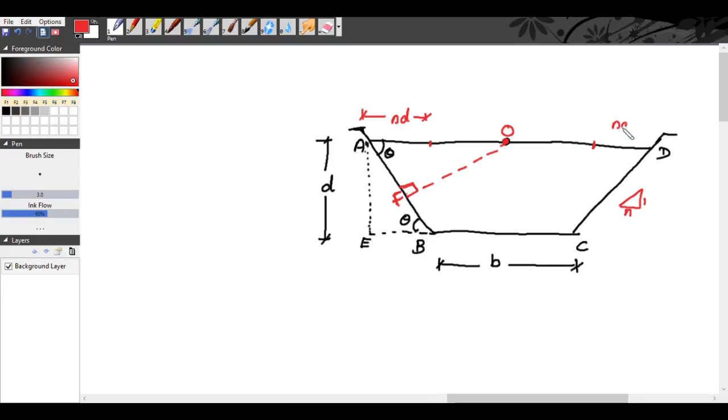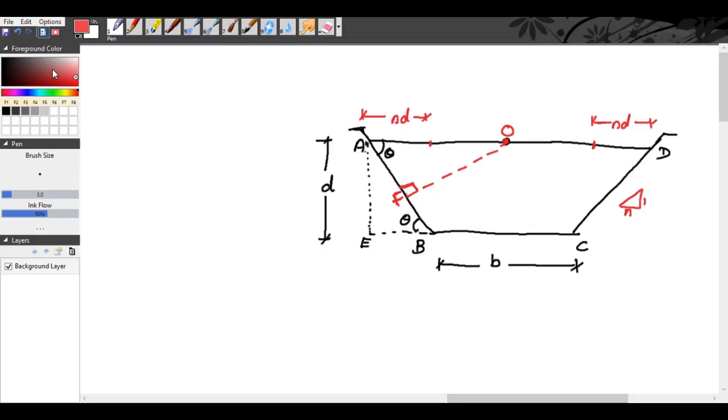So this distance will be nd. That means for one vertical, n horizontal. That means for d vertical, horizontal will be nd. Okay, so that is all. Now we will write the derivation. So hope you understood up to this.